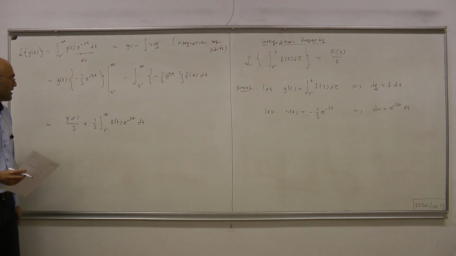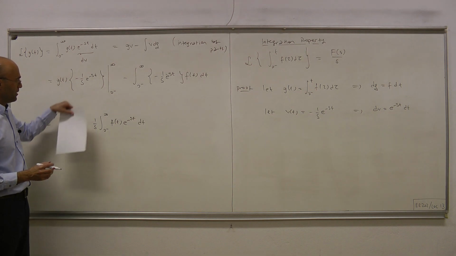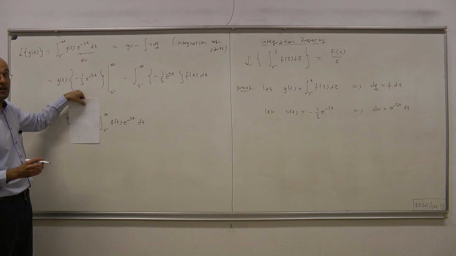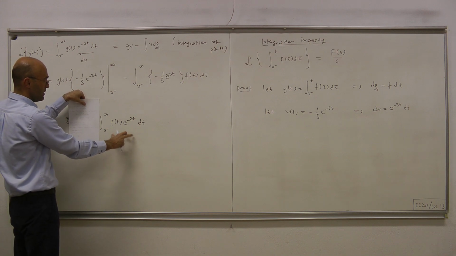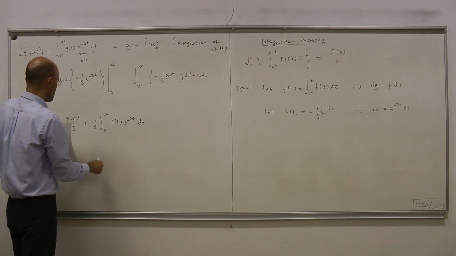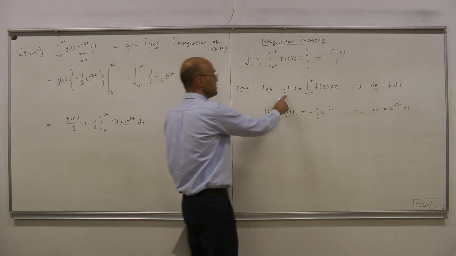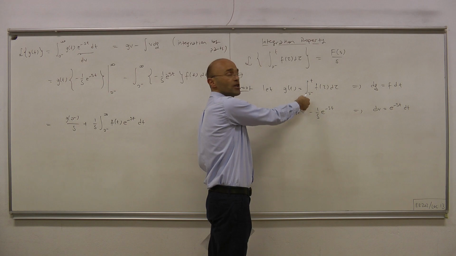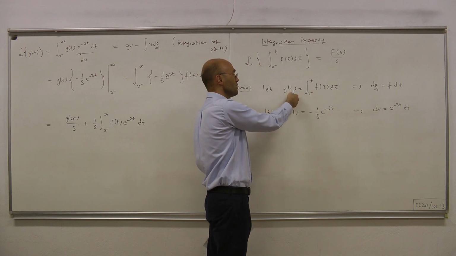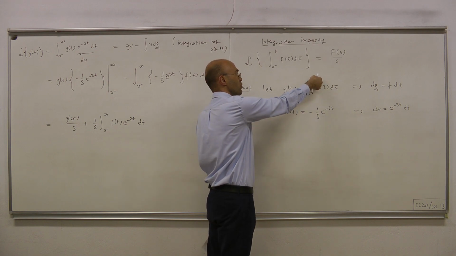Now we make two observations here. First of all, this is no other than F of s, by definition the Laplace transform of f of t. And how about this g of 0 minus? Now g of t is defined as such, and if you plug in t equals 0 minus, you're integrating from 0 minus to 0 minus.